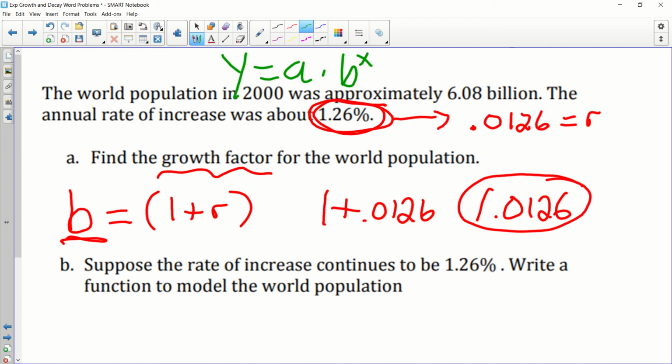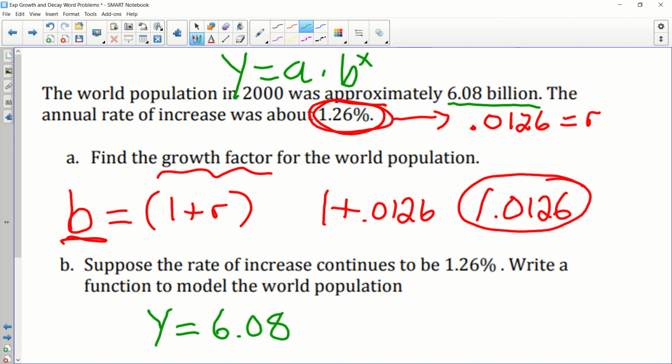So now that we found our b value, we have enough information to write a function model for the world population. If you remember, our a value is our starting amount, so y equals, and in this problem, it is 6.08 billion. It is perfectly fine to use 6.08 as your starting amount.